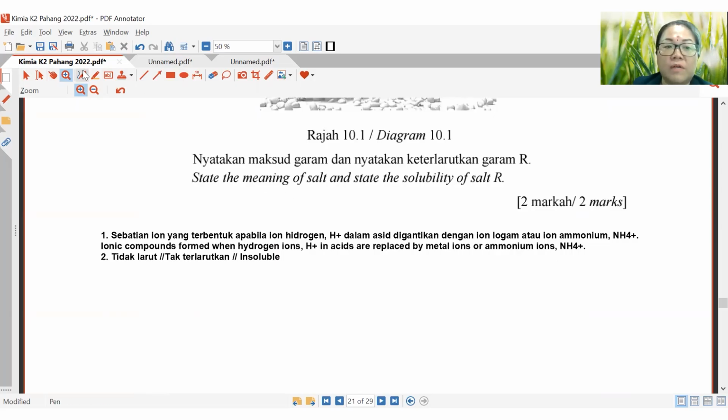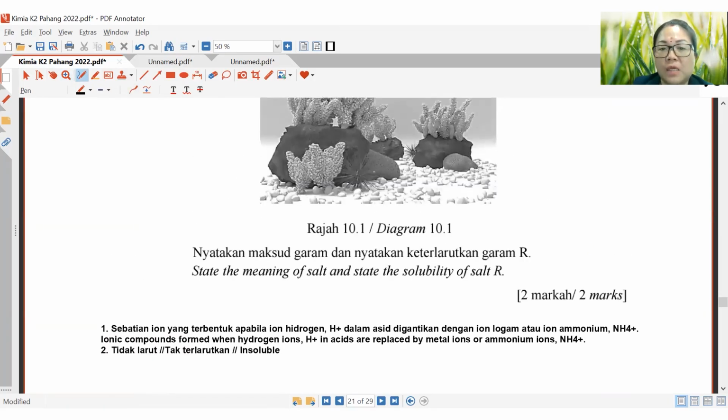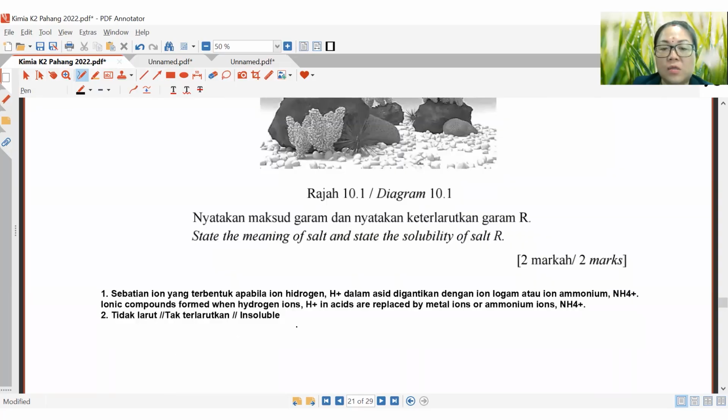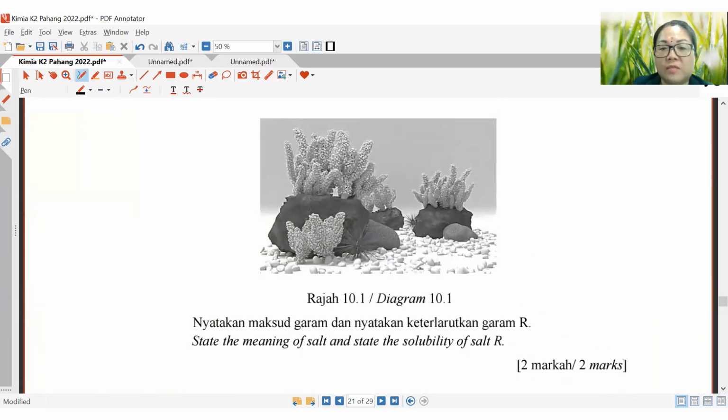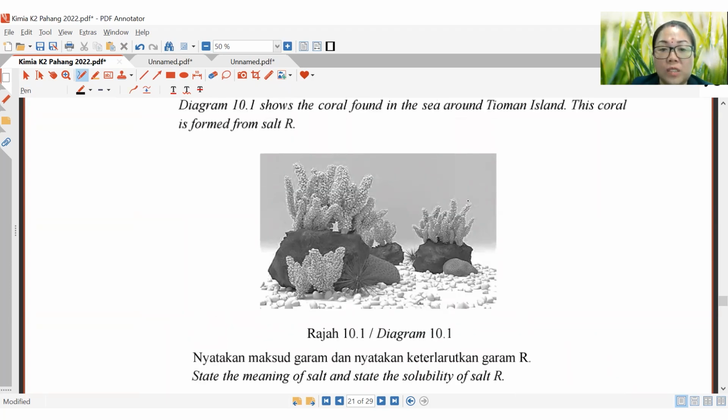That is the meaning of salt. And then the solubility of salt R, it is insoluble. Otherwise, if it is soluble, it could have been gone already, but it still remains intact there. So it is insoluble in water.